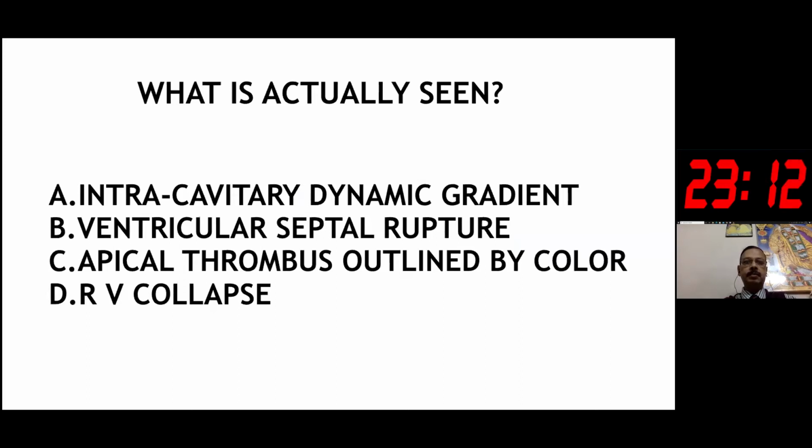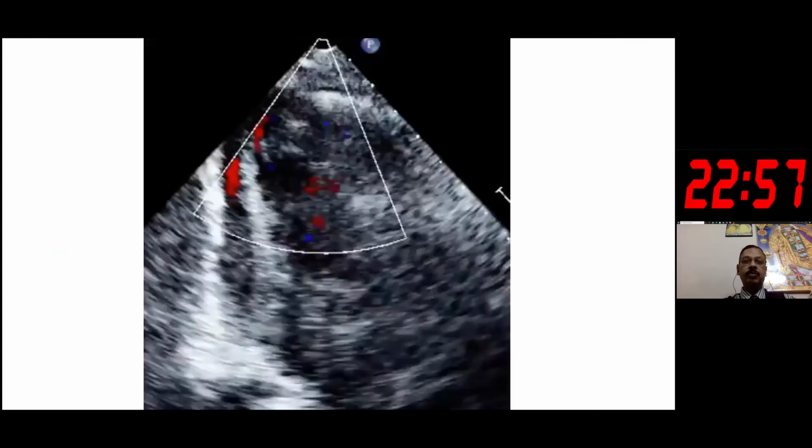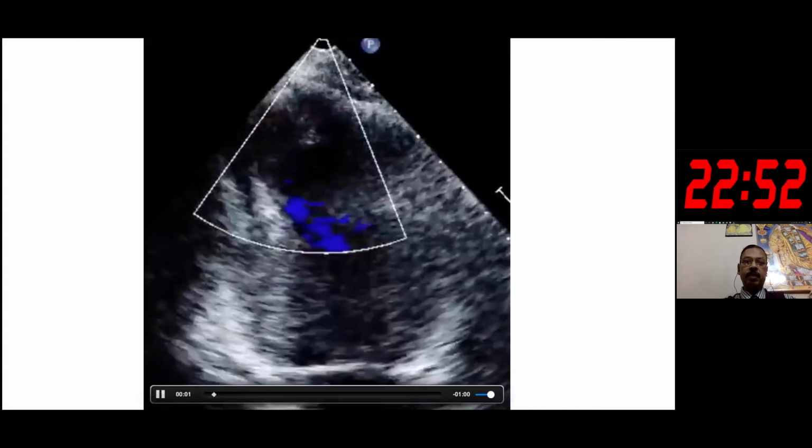Yes, 10 seconds. The majority have said ventricular septal rupture. But the answer is apical left ventricular thrombus intentionally outlined by color Doppler. I must go to the image first. See, there is a large thrombus sitting in the ventricular apex.